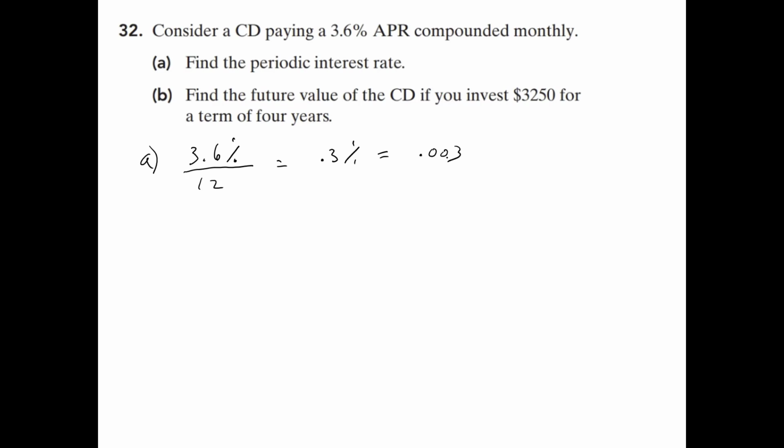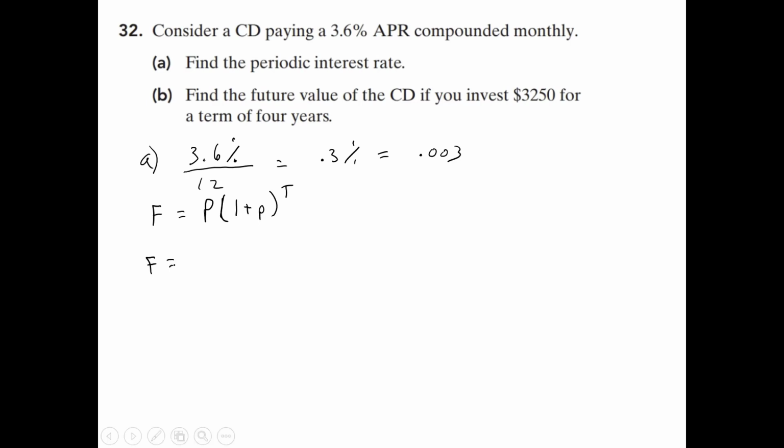Now, find the future value of a CD if you invest $3,250 for a term of 4 years. So now you're using the formula F is equal to capital P, principal, times 1 plus little p, your periodic interest rate, raised to the capital T, and T is the number of compoundings.